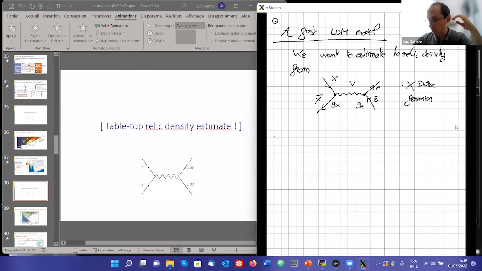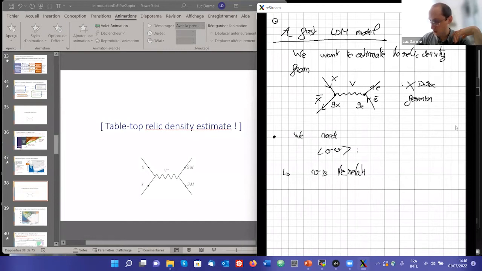The first thing is, of course, we need the thermal average of the annihilation cross-section. So we need something which is written like that, where v is the relative velocity between chi and chi bar.